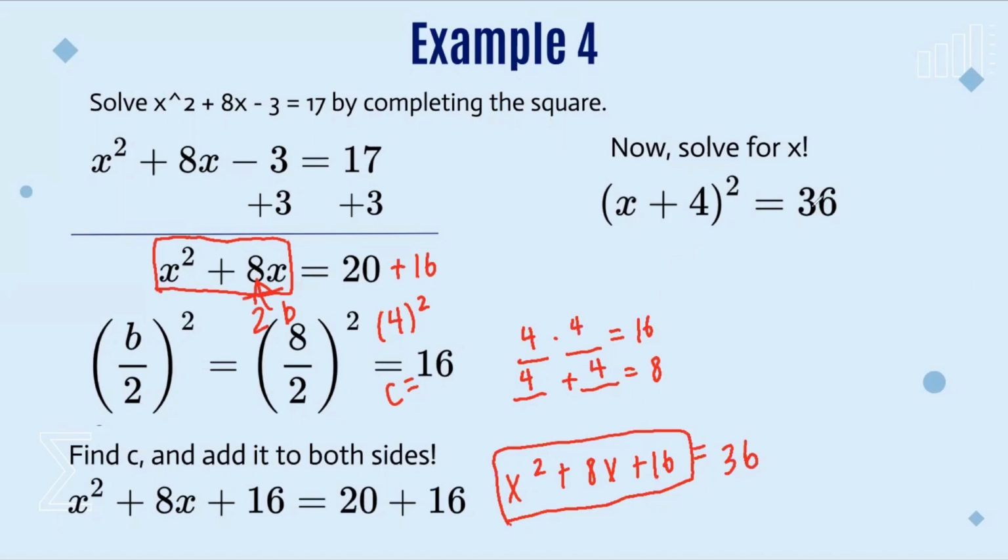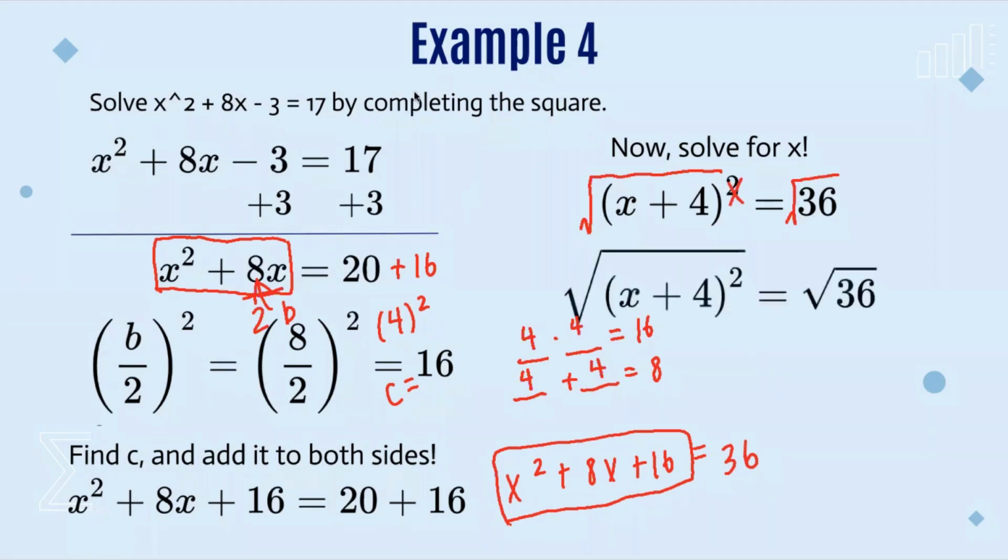And since this is an equation, we're going to have to solve for x. So this looks like a standard equation that we would solve using square roots. So I'm going to square root both sides to get rid of this squared right here. That would leave you with x plus 4 equals plus or minus 6.